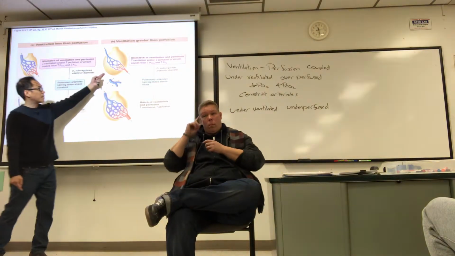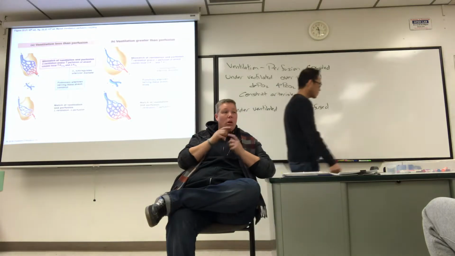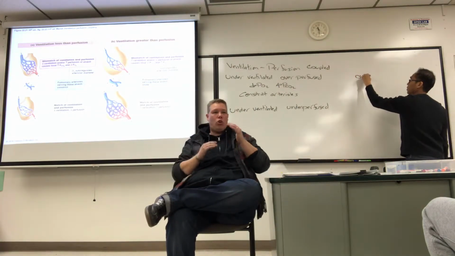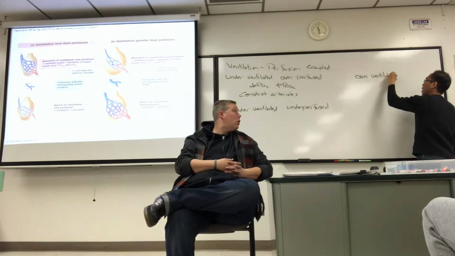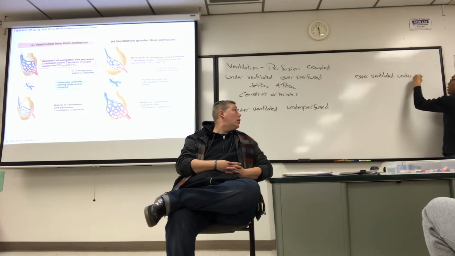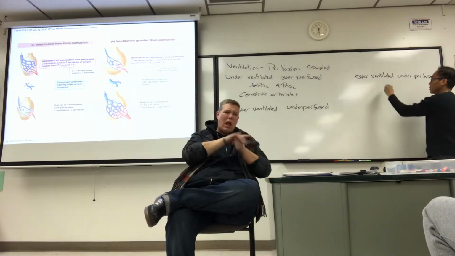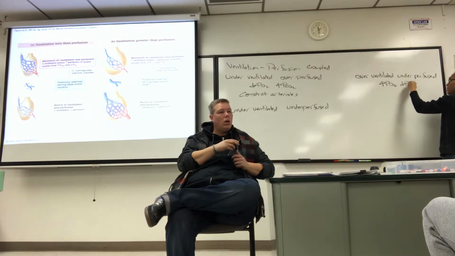Okay. So for example, this one, they tell you that this is a mismatch, but it's in reverse. Now it's overventilated, underperfused. Now there's plenty of oxygen, elevated PO2, and decreased CO2.